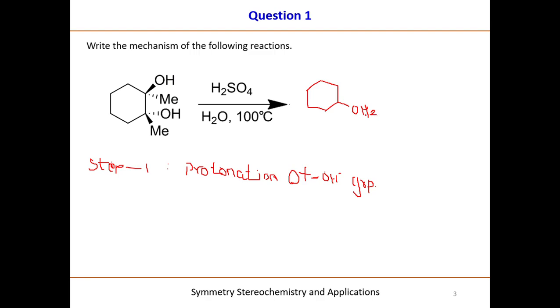After OH2 protonation, this oxygen will carry the positive charge, an oxonium ion, and the methyl group and everything else will remain the same. After protonation, what will happen?